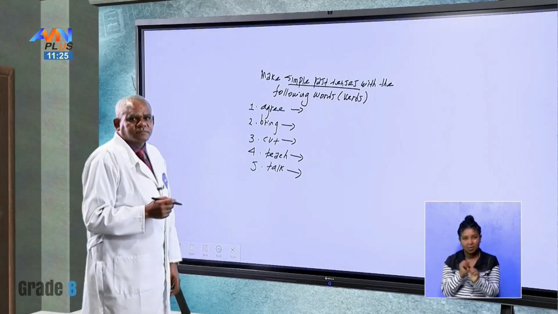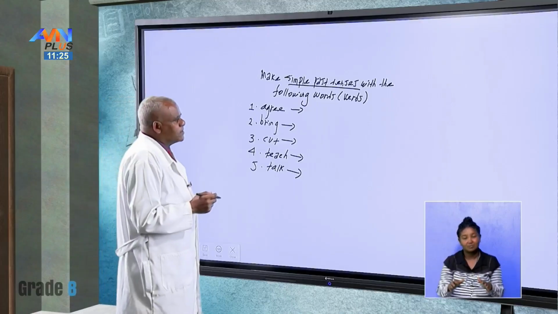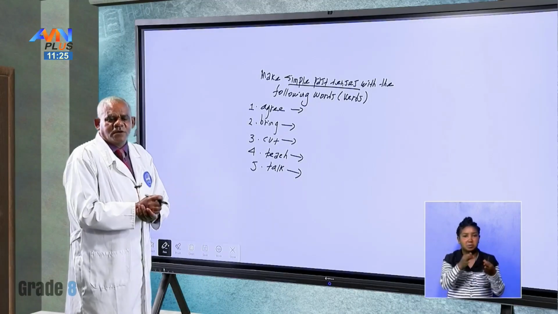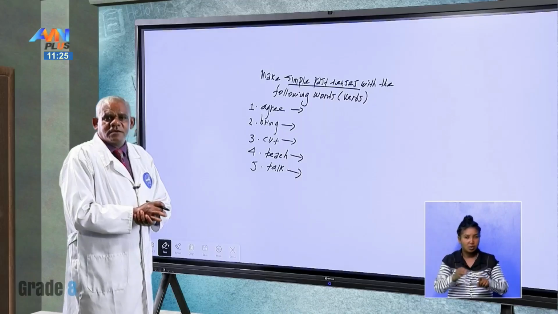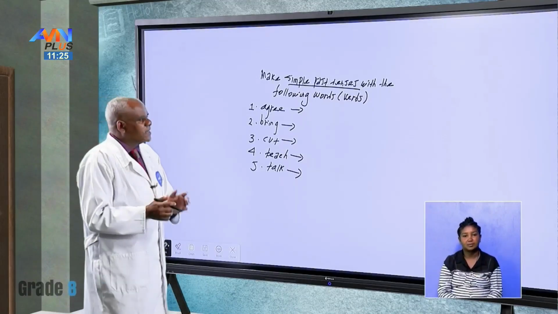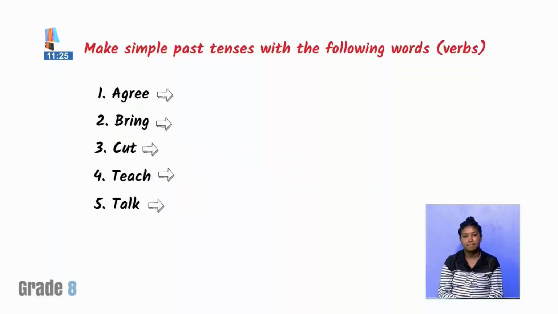How did it go? Very interesting one. The subject depends on your sentence. You are welcome to make not only I, but also you can use any kind of pronoun to make your sentence. For instance, she agreed.